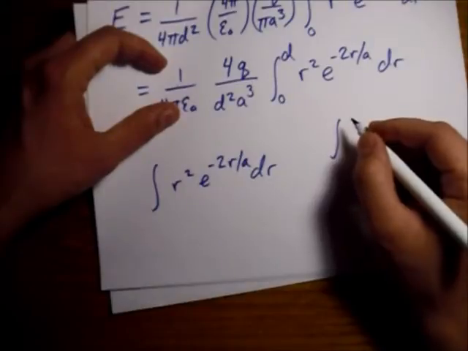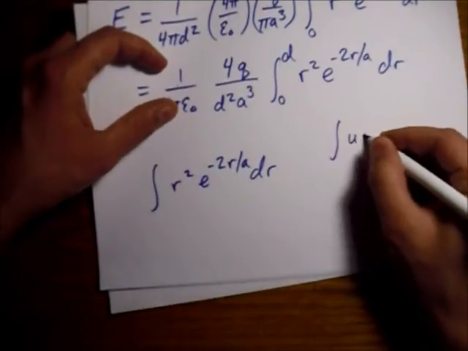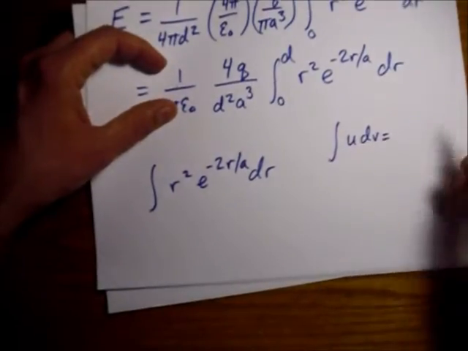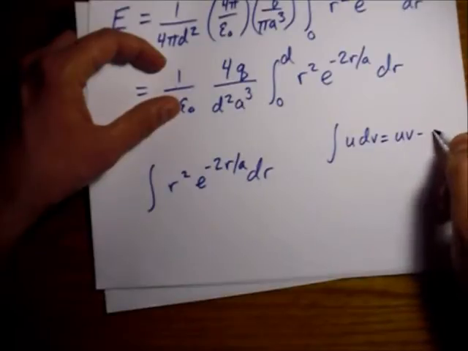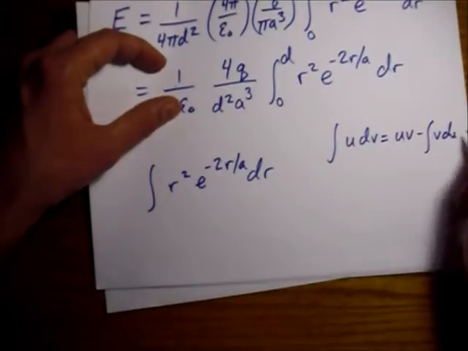Let's call this integral of u dv equal to uv minus integral of v du.